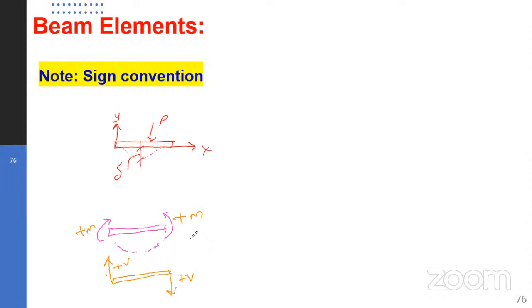So you can see from what we had in this, yes, this is counterclockwise, so this would be positive in our case, but this is clockwise, so this would have been a negative moment. So for our beam, if you have a beam like that, then positive moment has to be in the same direction, counterclockwise.